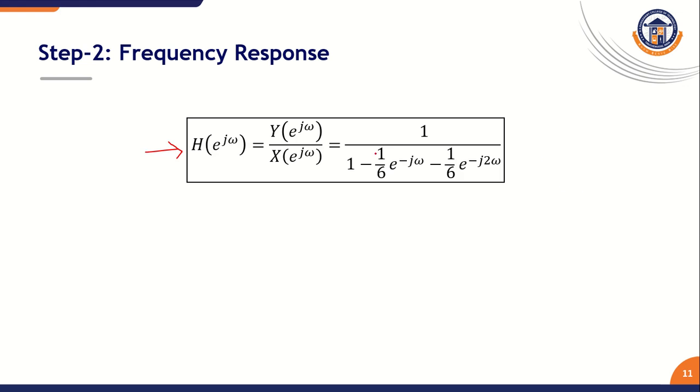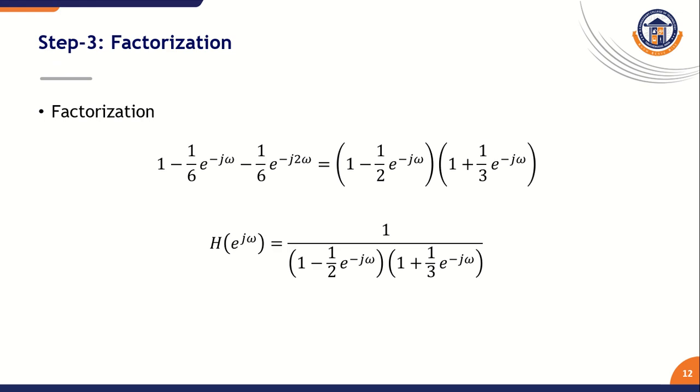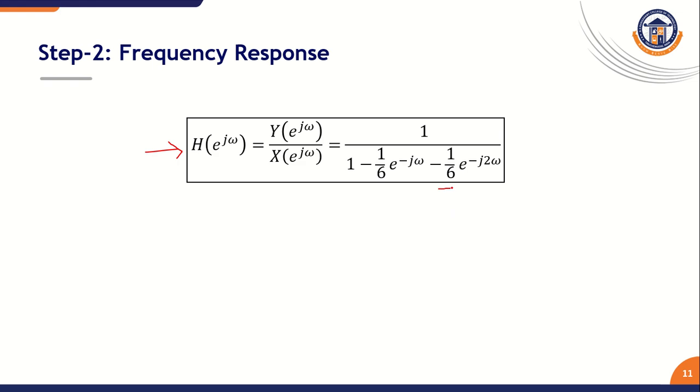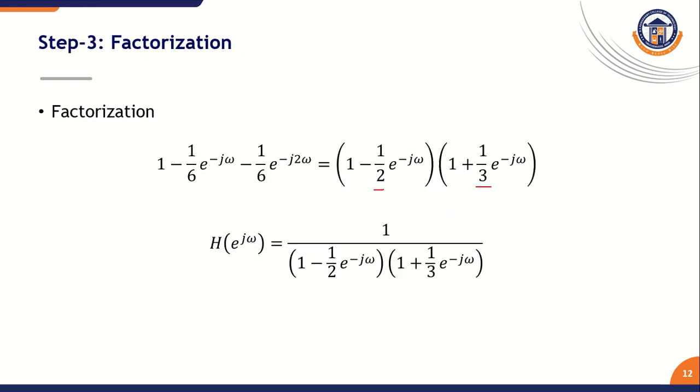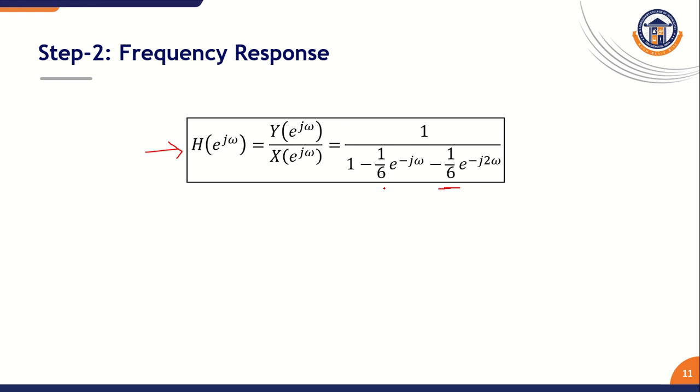We need to factorize this term. That means we can take the factors minus 1 by 2 and plus 1 by 3. When we multiply both values, minus 1 by 2 into 1 by 3, we get minus 1 by 6. And when we add both terms, minus 1 by 2 plus 1 by 3, we get minus 1 by 6.